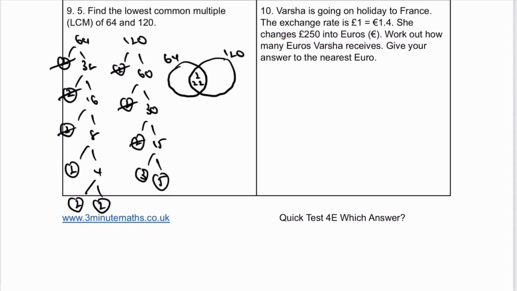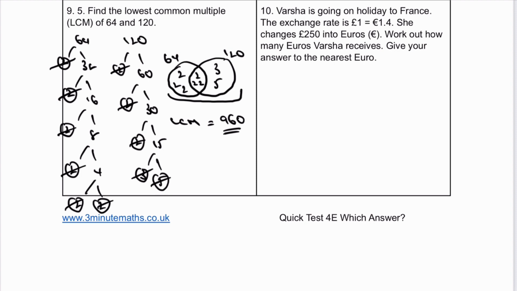Okay, and then if I look at 64, I've got 2 and 2 left, so that's 1, 2 and 3. And if I look at 120, I've got 3 and 5, so 3 and 5. And then to work out the LCM, I multiply all of these numbers together, and that's going to give me a value of 960, and that would be the answer to that particular question.